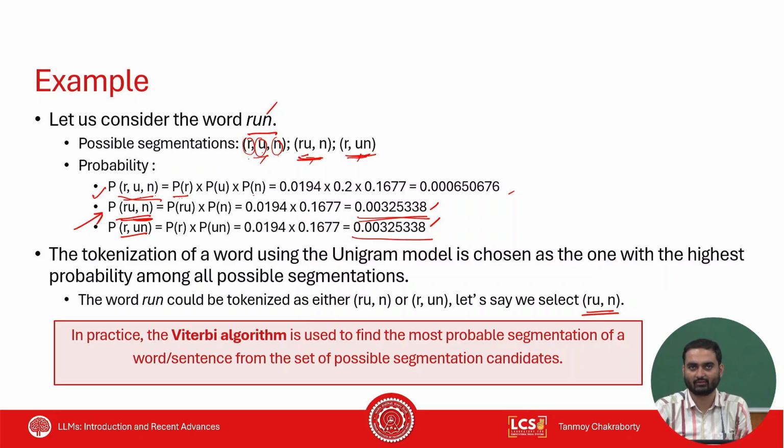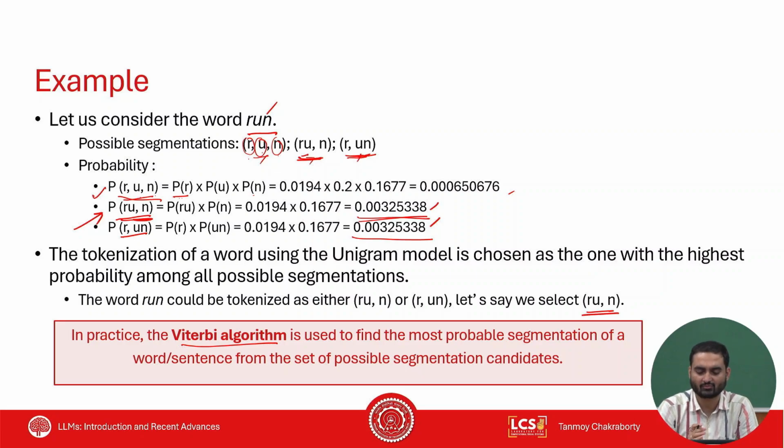Now think about it. This is very exhaustive, by the way. It's not a very computationally efficient method, right? For every word, coming up with all possible splits based on the vocabulary is quite tedious. So we use the Viterbi algorithm. I'll not discuss Viterbi here, but you go back and check. Viterbi is a very standard method that we generally use in sequence modeling and in many other places.